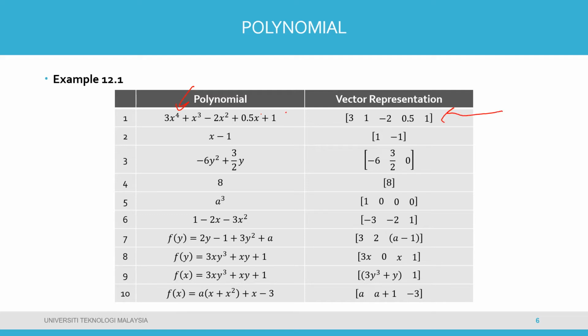Okay, so for example, don't forget y equals 3 1 negative 2 0.5 and 1. You can either use space or use comma. Okay, either way you will present this polynomial as a vector.